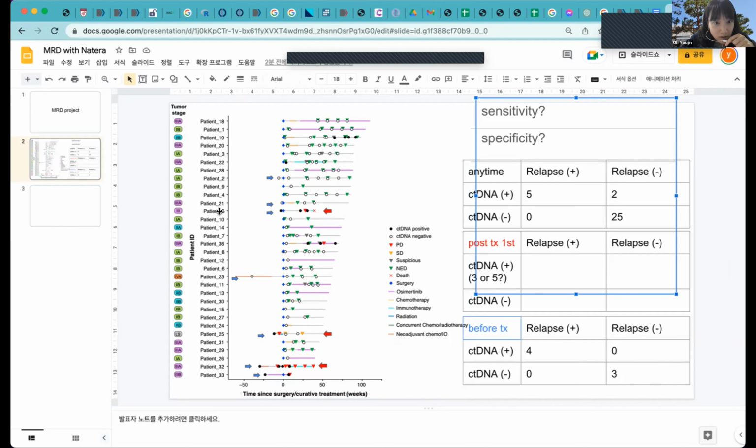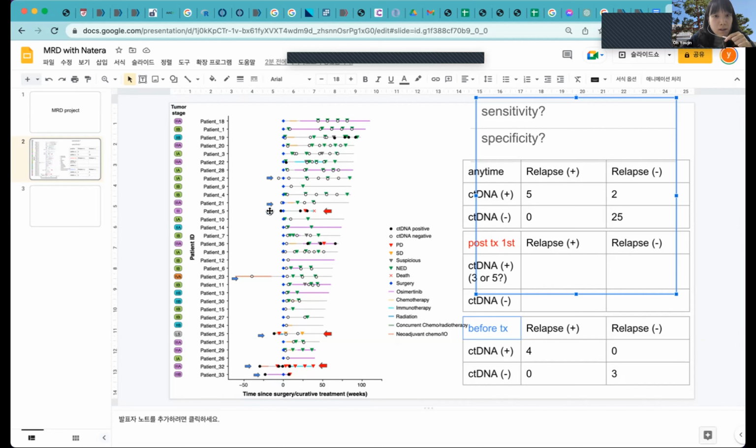Definitely this patient number 5, this patient's ctDNA was done technically before curative treatment, which is surgery. Would you consider this as before curative treatment surgery or MRD? Do you think we can consider this as an MRD assay?